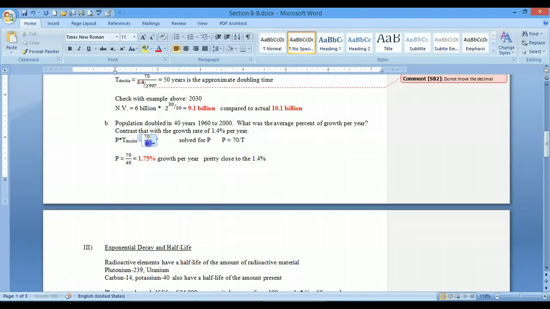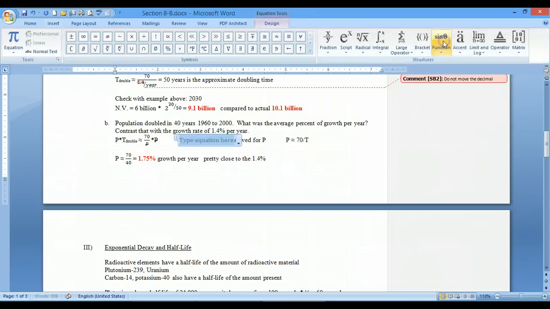Here it will cross out, but I'm not quite done. I need to solve for p, so now I need to divide both sides. I'm going to insert another equation just so we can see it, and I have p times T, and we know it's a capital T, which means T double, and an equal sign.